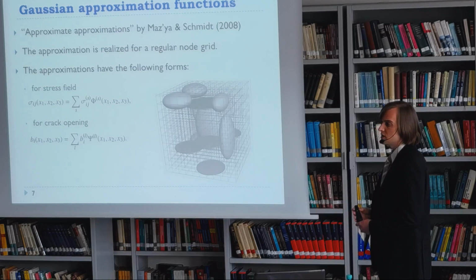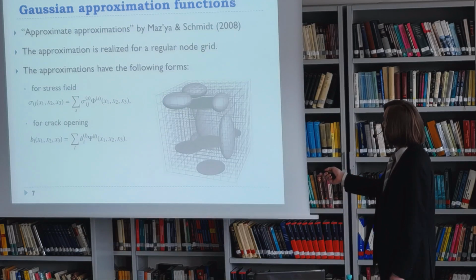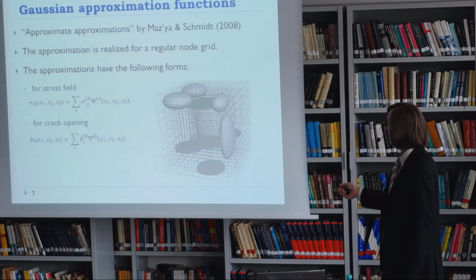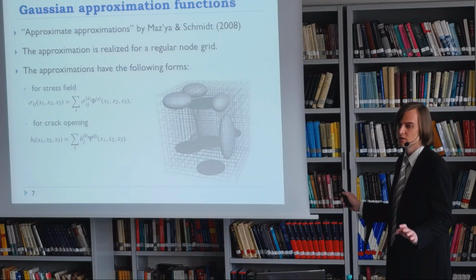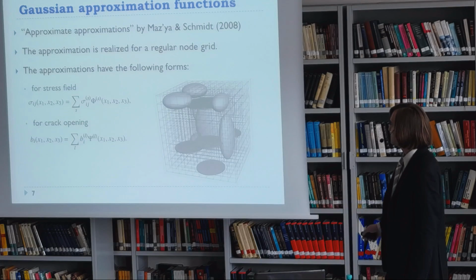So we cover by a regular grid of nodes. It means that this method is mesh free. We don't need any finite elements or boundary. So we only need a grid of nodes, and their geometrical coordinates and normal to the crack surfaces are the only information we need for this node grid. That's it.